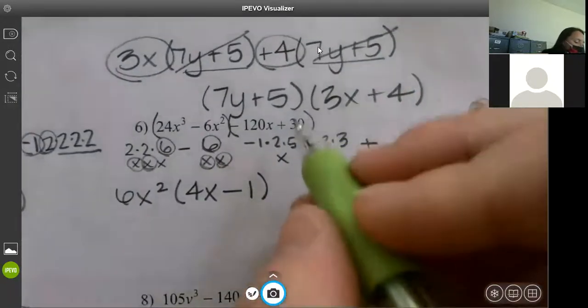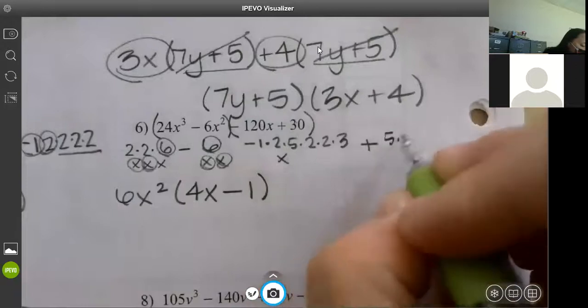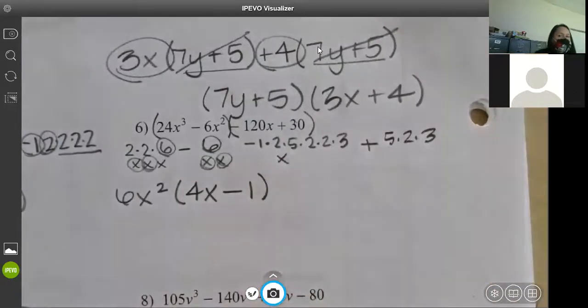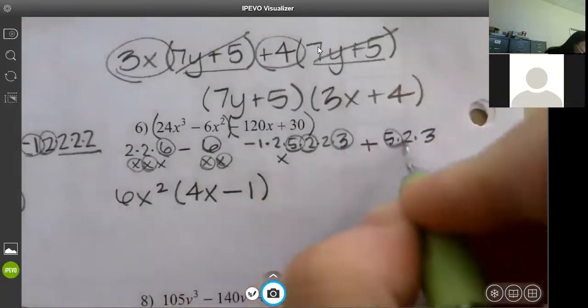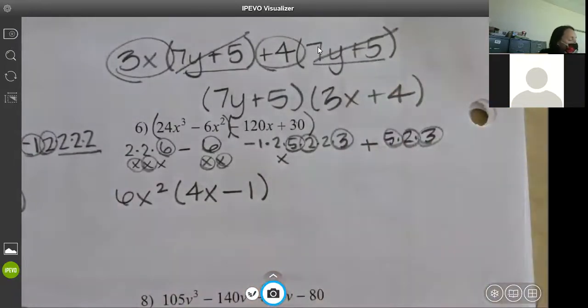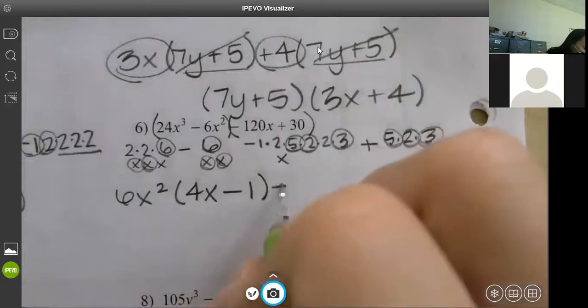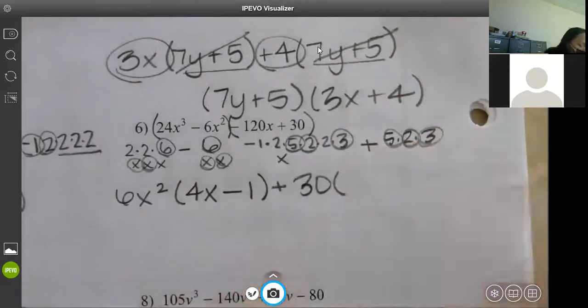We have a plus. 30 is 5 and 6. 6 is 2 and 3. What do they have in common? A 5, a 2, and a 3. 5 times 2 is 10, times 3 is 30.